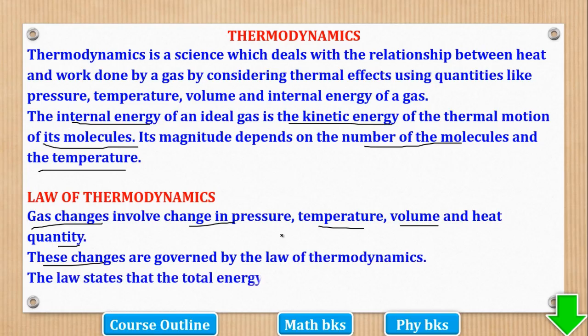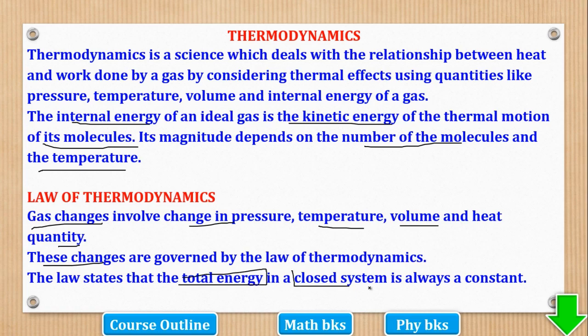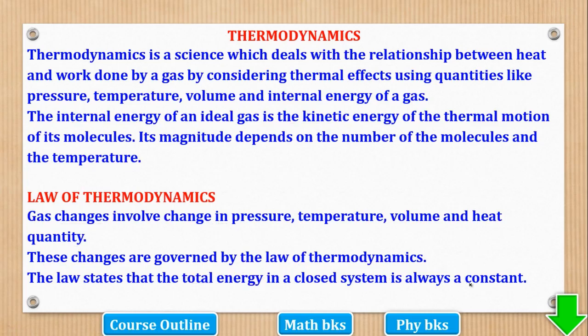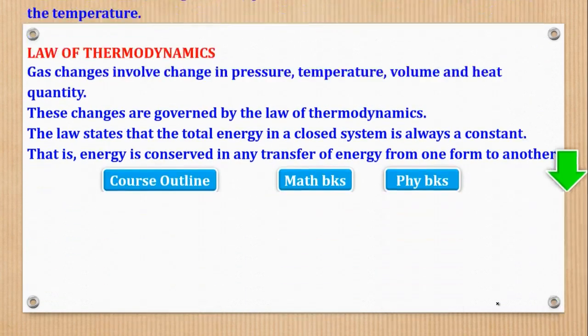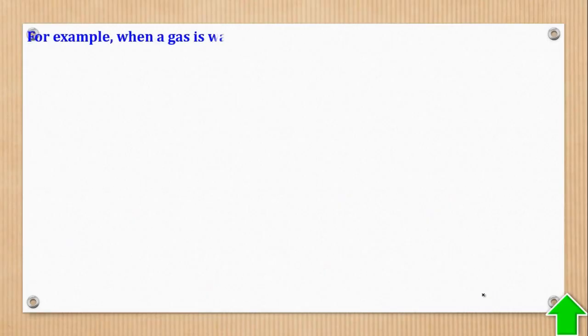This law can be written mathematically, and it states that the total energy in a closed system is always constant. The words total energy, closed system, and constant have to be seen. Closed system means that the energy is conserved in any transfer of energy from one form to another. So mathematically, you can write that law of thermodynamics.